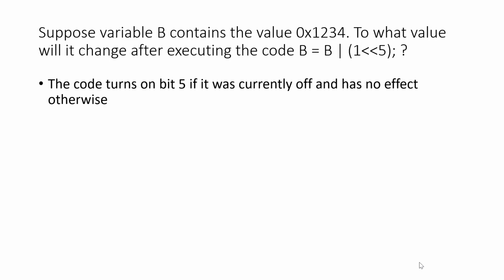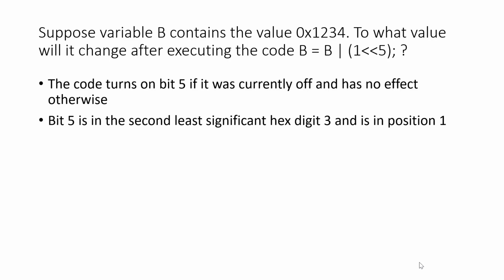Basically this code turns on bit 5 because you take the value 1, which is a value with bit 0 set, and you shift it 5 bits to the left, which turns on bit 5. So you get a temporary value where all the bits are 0 except for bit 5, and then you do a bitwise OR, which turns on bit 5 in the variable b if it was off, if it was a 0, and if it was a 1, there's no change.